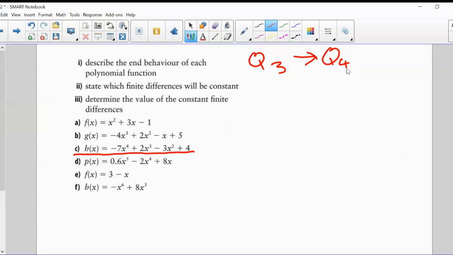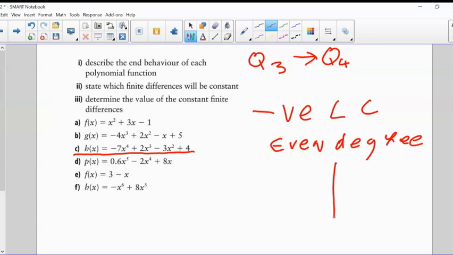Okay, is it an odd degree function or an even degree function? Let's start with that. Good. Positive lead coefficient or negative lead coefficient? Good. Positive or negative? Okay, so when you combine a negative LC with an even degree, then it's going to look a lot like a quadratic function that opens down like that.